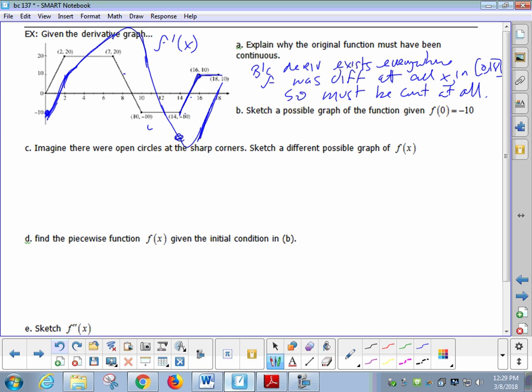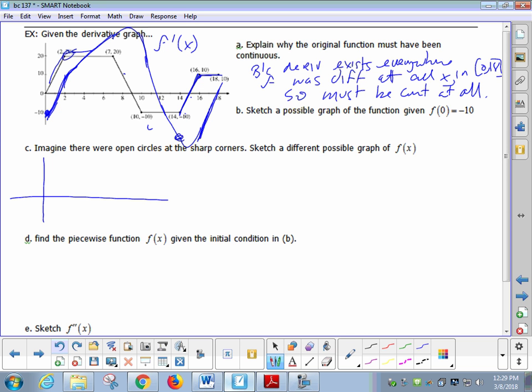Imagine there were open circles at the sharp corners. So here, what would that imply? The derivative doesn't actually exist there, so it's not differentiable there, which could mean a sharp turn. Now it's not a sharp turn because the slopes are pretty much the same on either side, so it must be discontinuous.